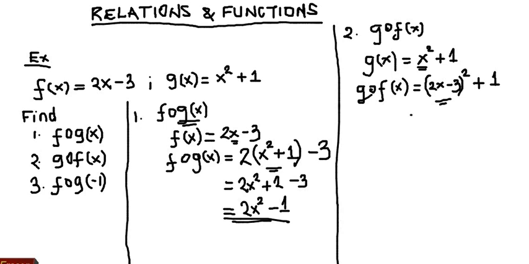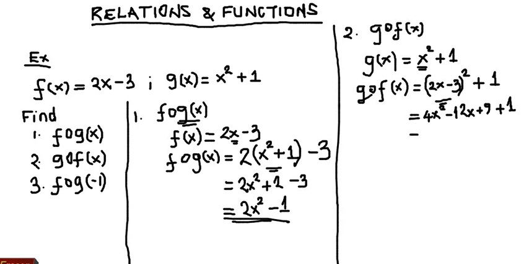So we simplify this by expanding 2x minus 3 squared. This should give us 4x squared minus 12x plus 9. Then the function continues with plus 1.